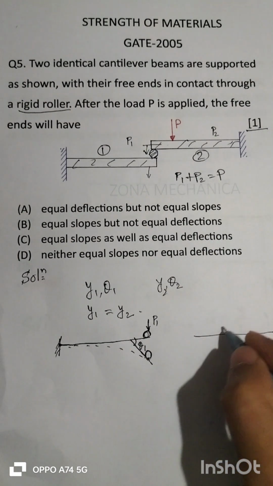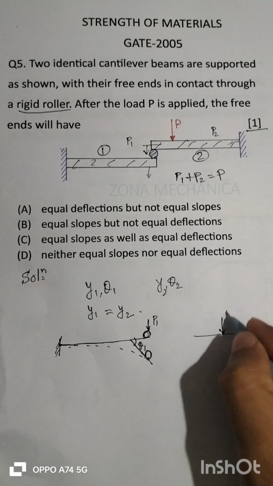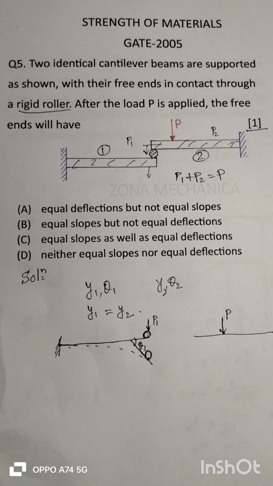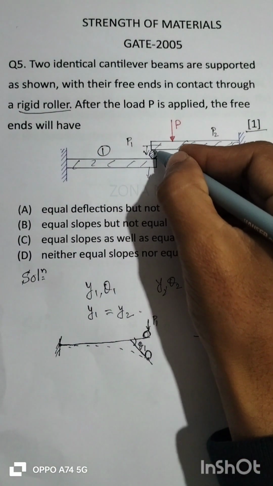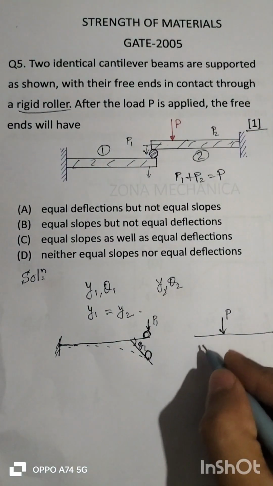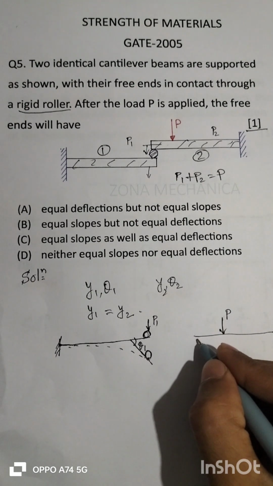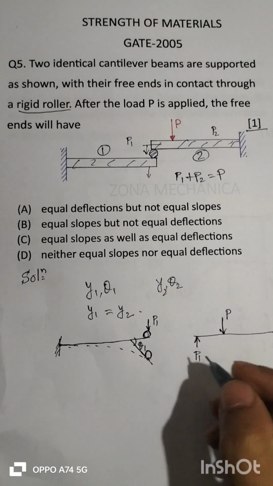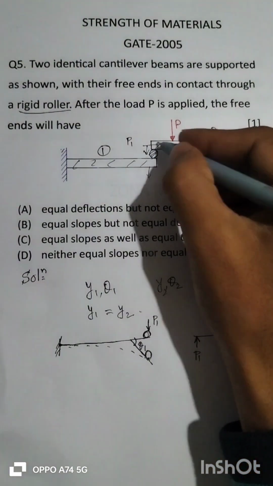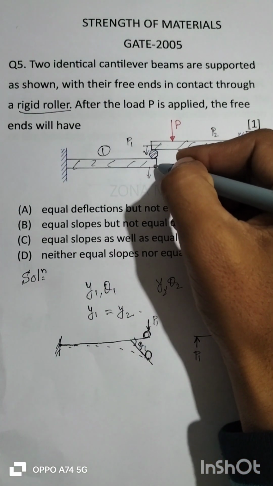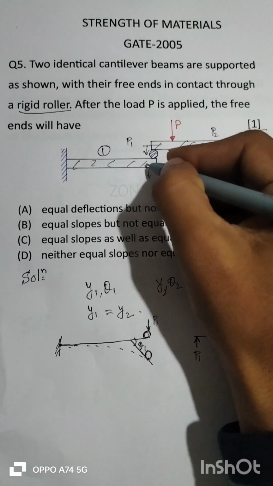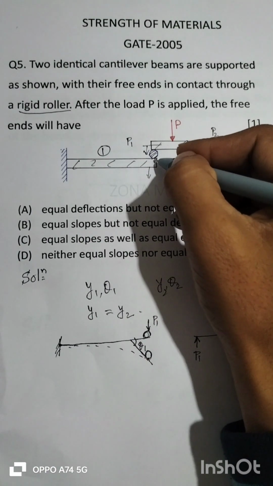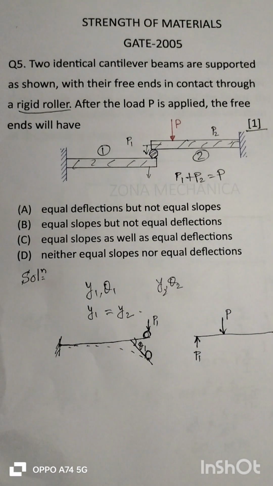For beam number 2, the applied load is acting here, and at the roller contact a reaction force equal to P1 will develop. If P1 load is transferred to beam number 1, then beam number 1 will provide an equal and opposite reaction P1.